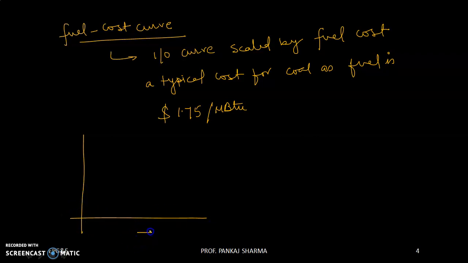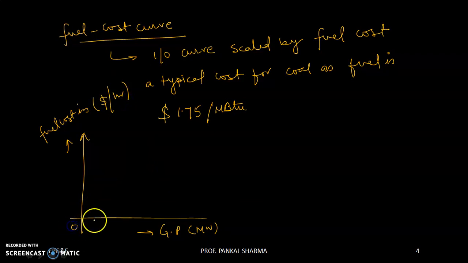This is generator power in megawatt, and this is fuel cost in dollar per hour. The y-axis is our fuel cost, that is, fuel cost in dollar per hour.